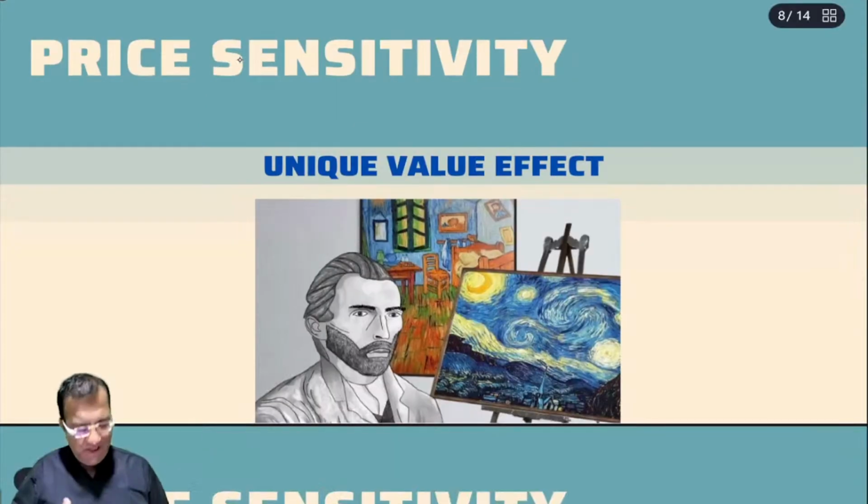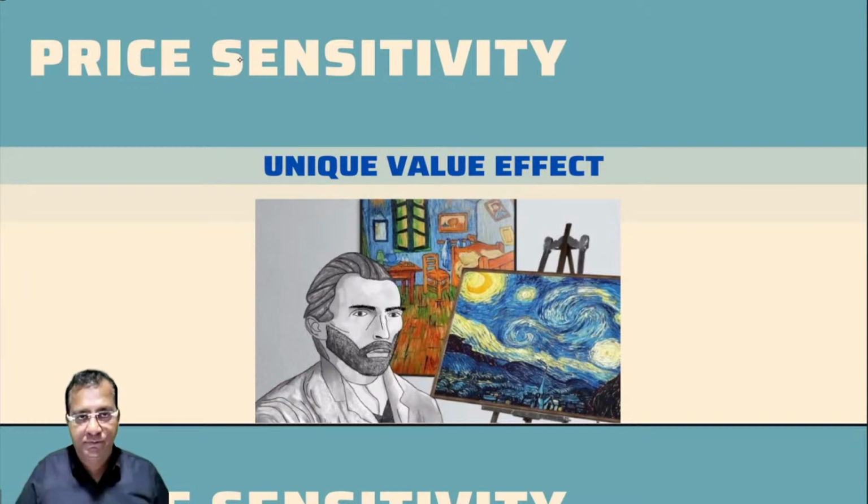What do you mean by unique value effect? Products that are related to some artwork. The common example of unique value effect is that the product is rare, or related to artwork. If one of the artists increases the price of its product, then can you tell me, beta, whether price sensitivity will be low or high in case of unique value effect?